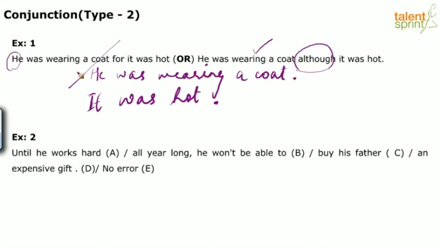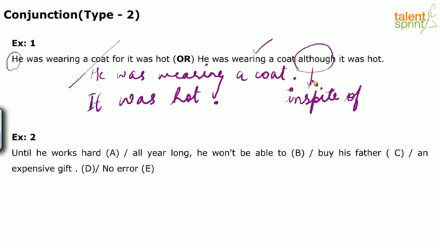Now: he was wearing a coat although it was hot. What is the meaning "although" is conveying here? Although is conveying the meaning of despite or in spite of. Most of you keep asking, ma'am, what is the difference between in spite of and despite?